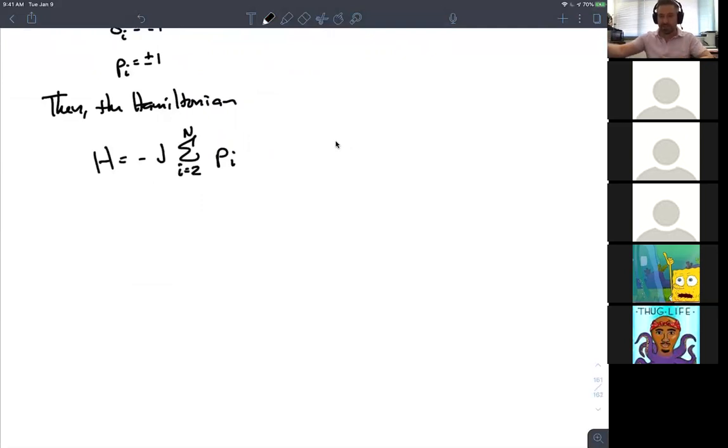So now you just sum these P variables from 2 to n, okay? And so now this is our Hamiltonian. We take that Hamiltonian and we stick it into our partition function, where we sum again over all, whoops, we're not summing over spins anymore, we're summing over P configurations.